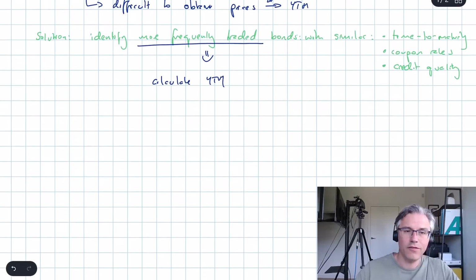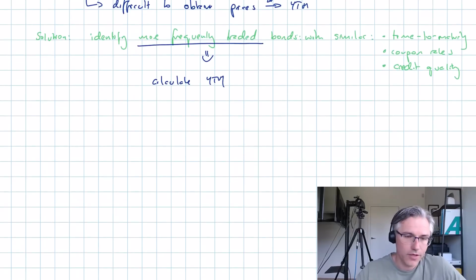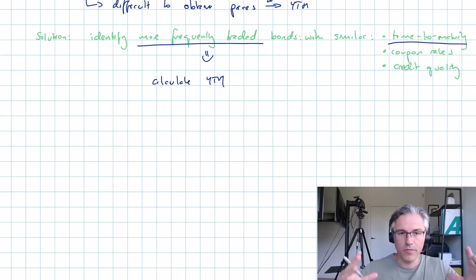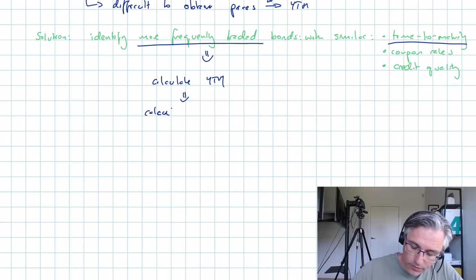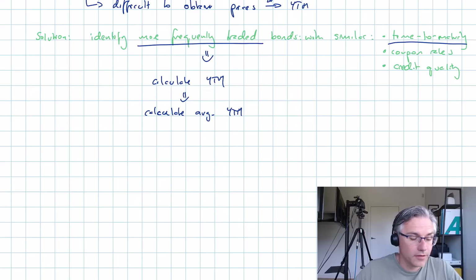Now, if you have more than one bond, which is actually preferable, more than one bond for each time to maturity bucket, time to maturity slot, then calculate the average. Calculate average yields to maturity for each maturity.